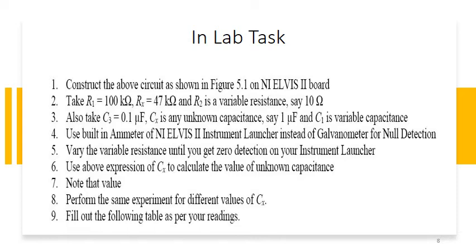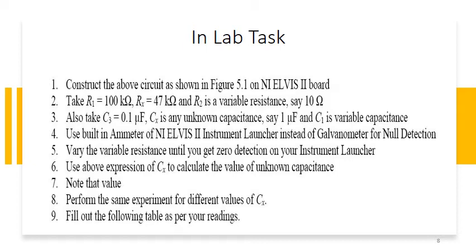At one point we will get a zero deflection of the galvanometer, or in this particular case we are using an ammeter. We want to measure the current as 0 between point A and point B shown in the circuit diagram.